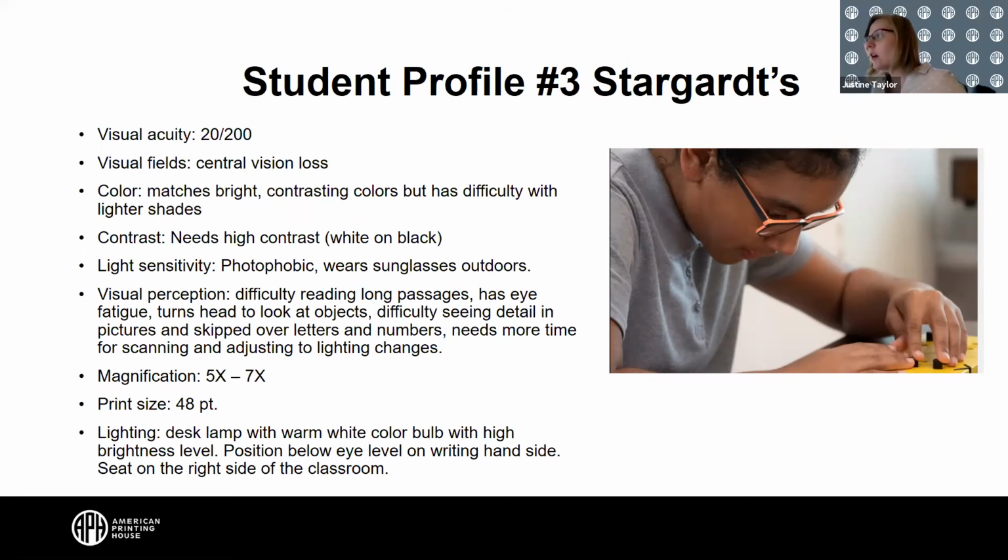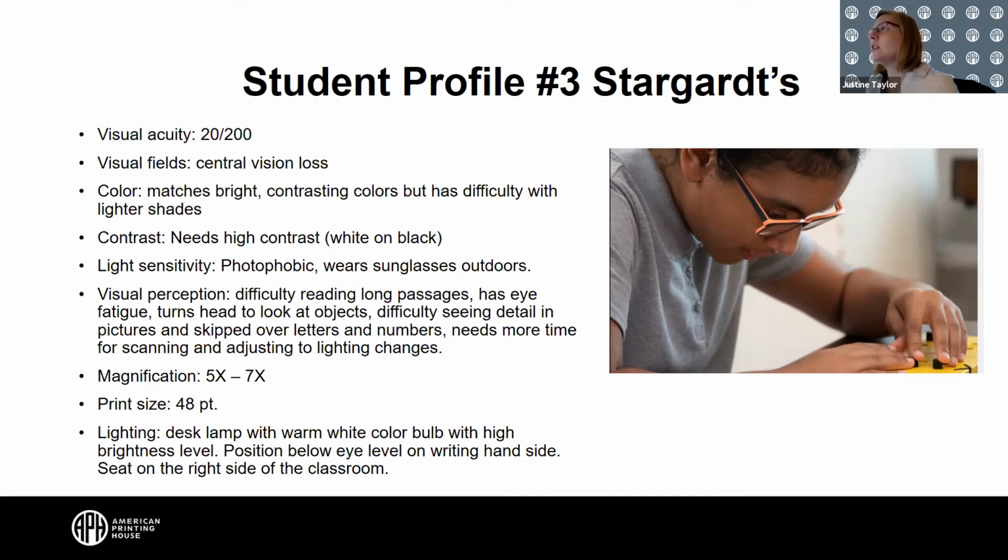So our third student profile is of a student that has Stargardt's. And Stargardt's disease, sometimes called juvenile macular degeneration, results in the deterioration of the macula. So the macula is the small portion of the retina that's responsible for the detailed central vision that gives you that clear kind of vision for reading and detail.